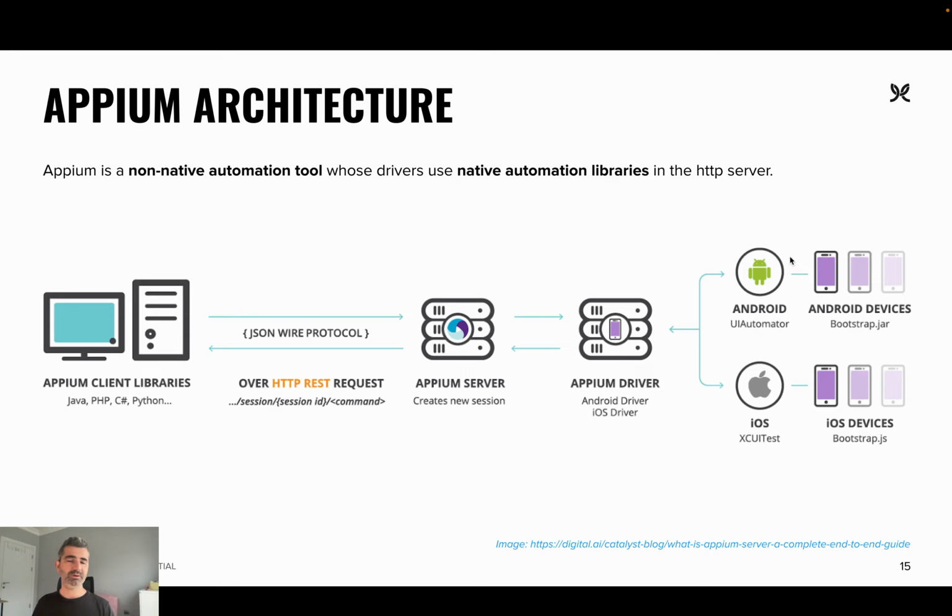So basically, when it comes to the application in a device, then it uses the Bootstrap jar for Android, and for iOS, it uses the Bootstrap JS to make the interaction available, and it also uses the native libraries. So when the interaction is done, then it will send the response back to your client.